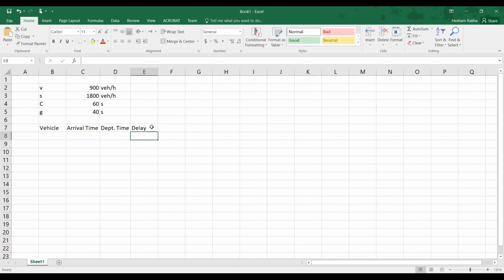So what we're going to do is track every vehicle and compute its arrival time and its departure time. How would we compute the delay?